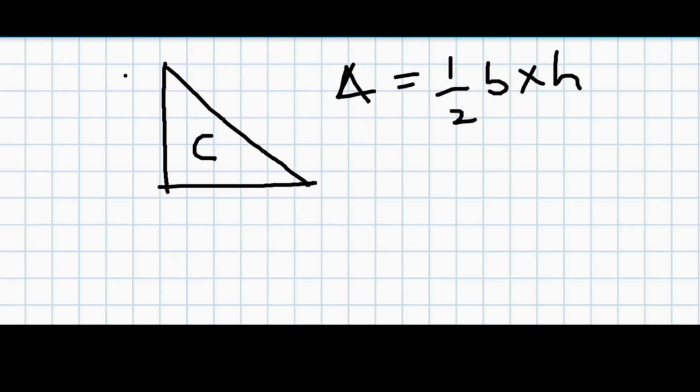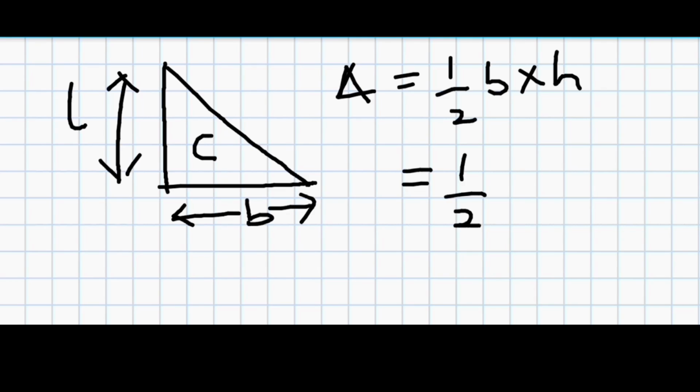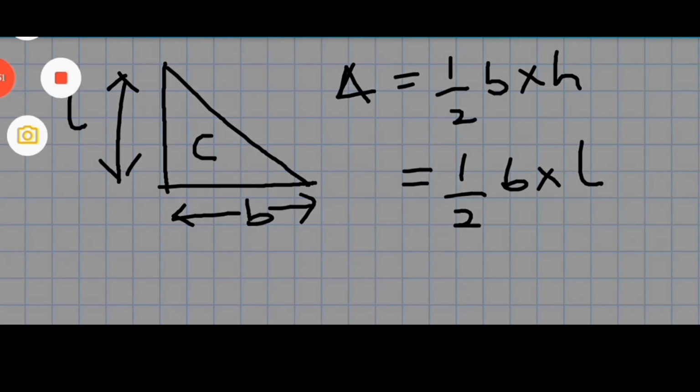The height, from the previous example, we denoted as L, and the base, denoted as B, is obtained from time. So it is half base times height, and that gives the area of the shape, which is the distance covered during retardation.